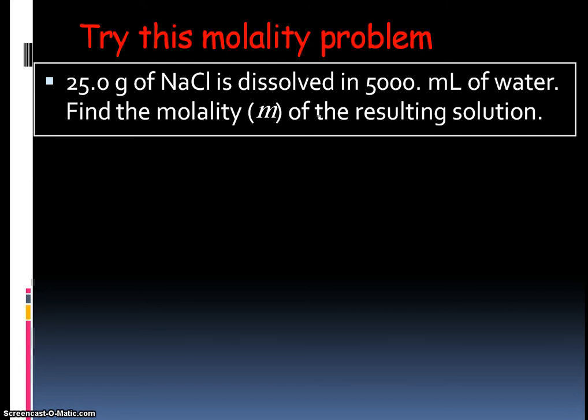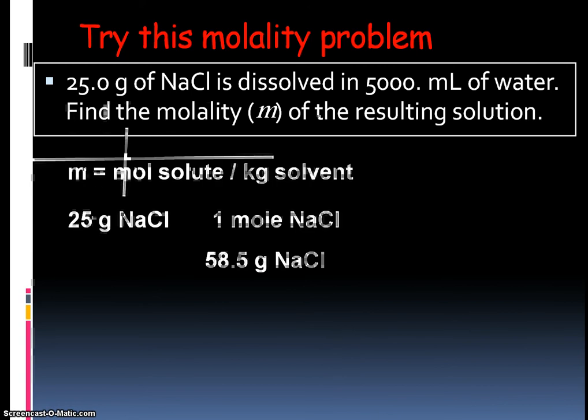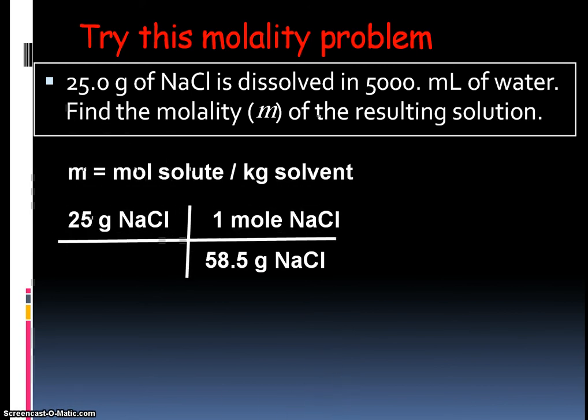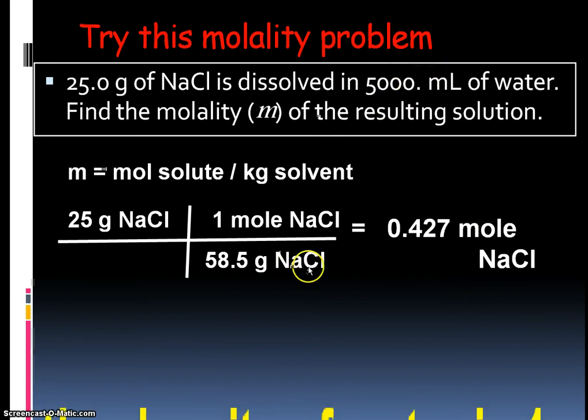All right, let's check and see if you've got it right. First thing we want to do is change the grams of NaCl to moles. So we're adding up a sodium and a chlorine, and that's where we get the 58.5, ending up with this many moles of NaCl. Next thing we want to do is change the milliliters into kilograms.